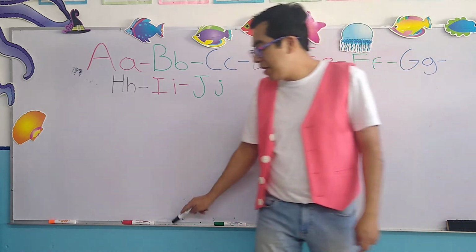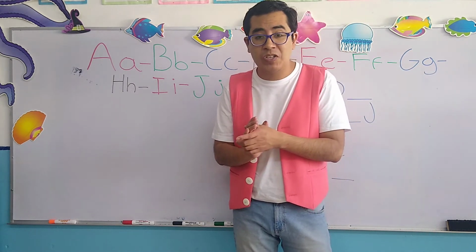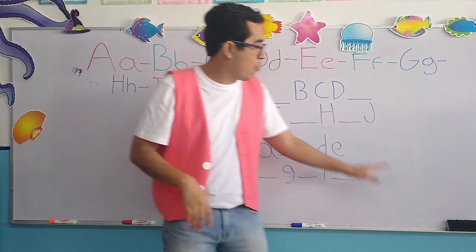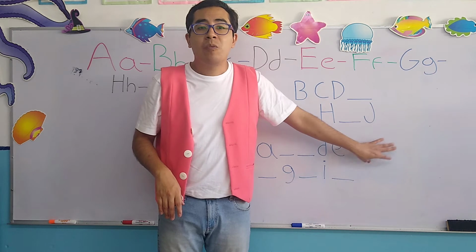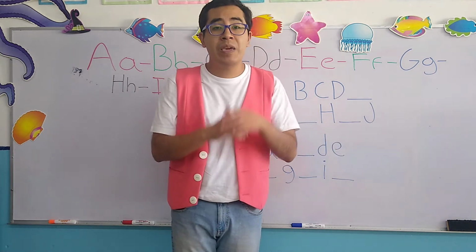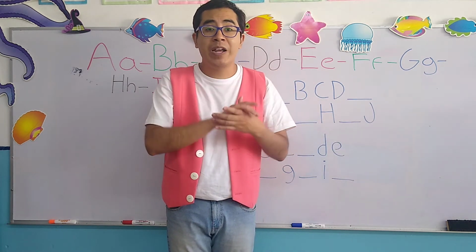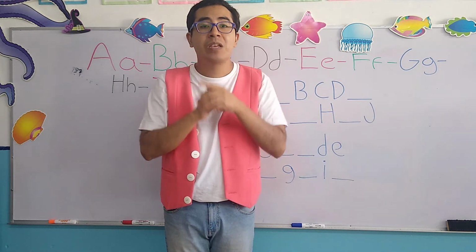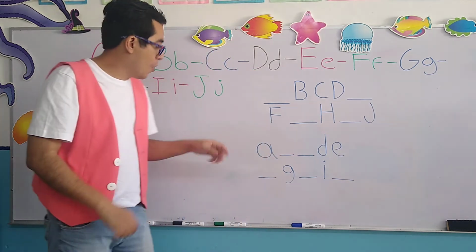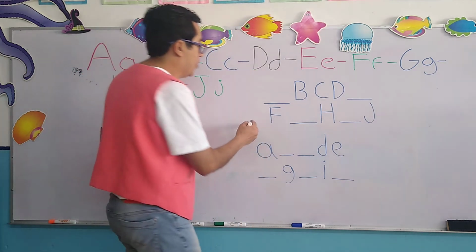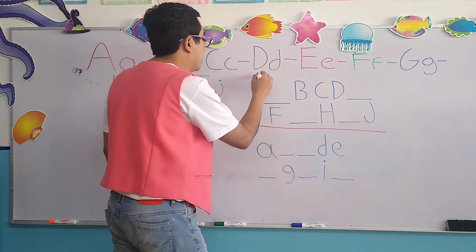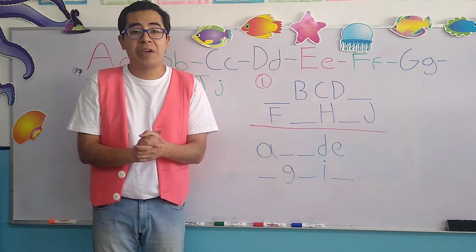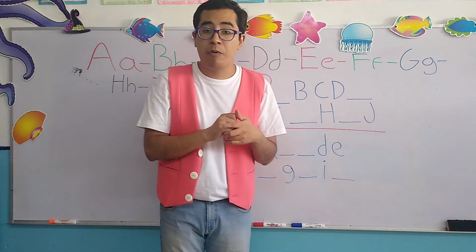Very good. Now, the activities of today, my children, which are part of your teddy book, appear also right here on the whiteboard. So, I'm gonna give you an explanation and the idea of what you have to do in your teddy book, okay? So, the first part, which is this one, here we have the letters that we have been working, but there's one problem.